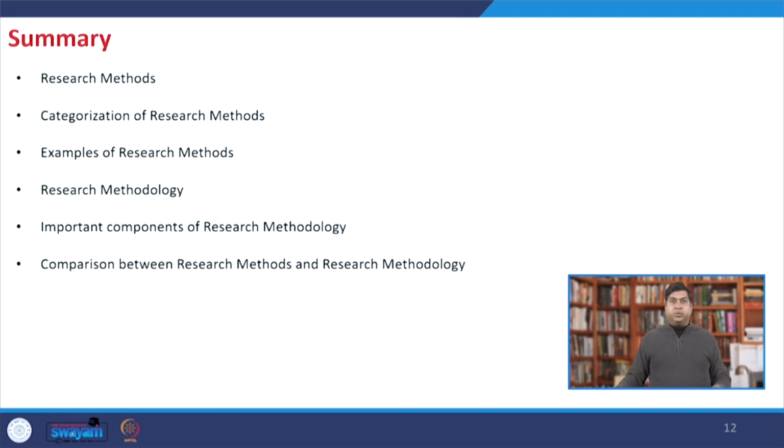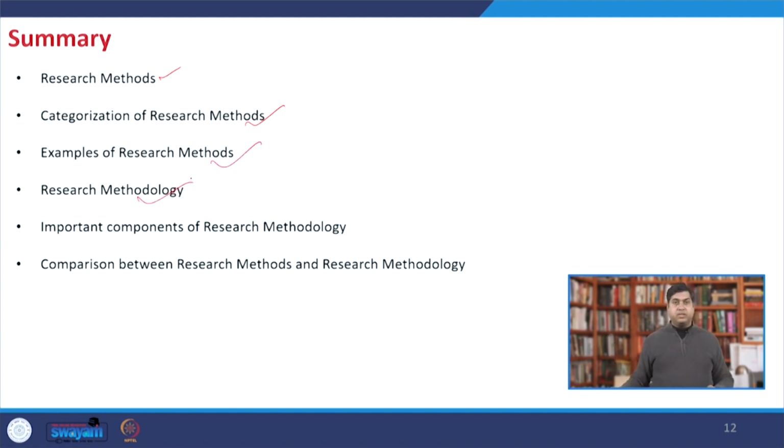So with that, let us summarize what we have understood. We have discussed the research methods, their characteristics, different categorization of research methods, examples that we have also seen, and different types of methods.